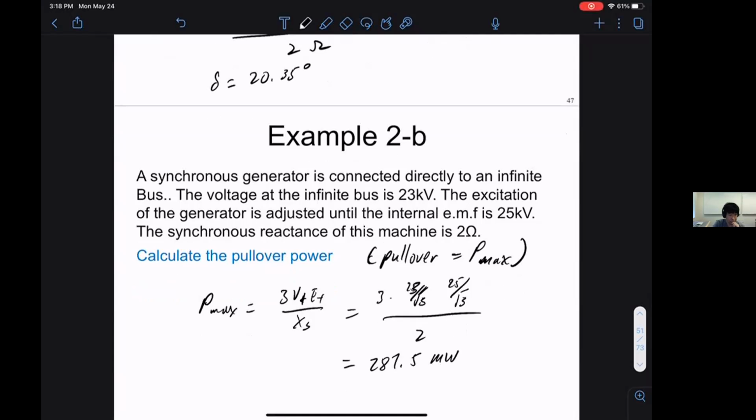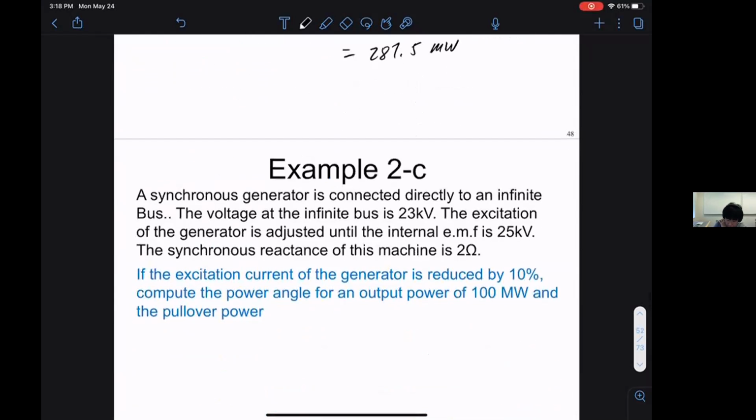Okay, so this is the maximum power. Of course, we can ask other questions. For example, if we reduce the internal EMF, so we reduce the excitation current of the generator by 10%, this means that EF reduces by 10%. We can again compute what the angle is and what the maximum power is.